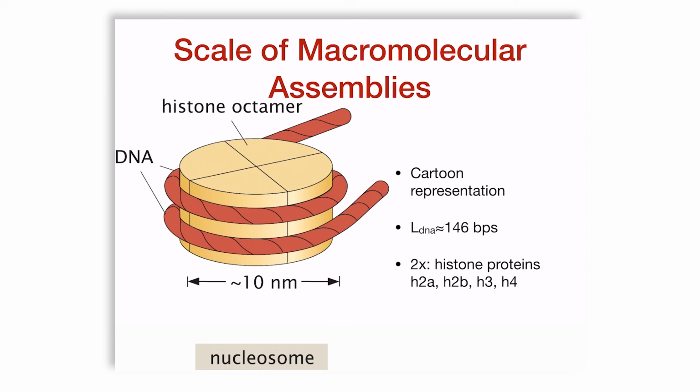The length of the DNA is of 146 base pairs. You could round off to 150 base pairs. There are two each copies of H2A, H2B, H3, and H4. That is the octamer, 1, 2, 3, 4 into 2, 8. And it is linked at the exit points of the 1.65 rounds by an H1 histone.